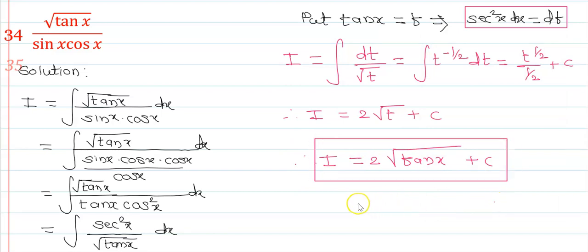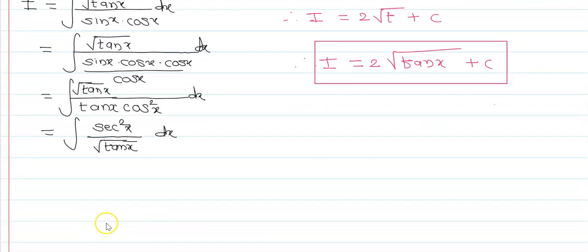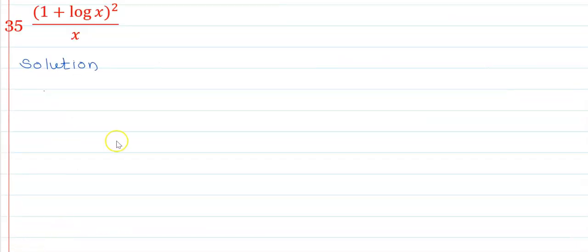Now the next problem. The next problem is (1 plus log x) whole square upon x. Again here I is equal to the integral of (1 plus log x) whole square upon x into dx.